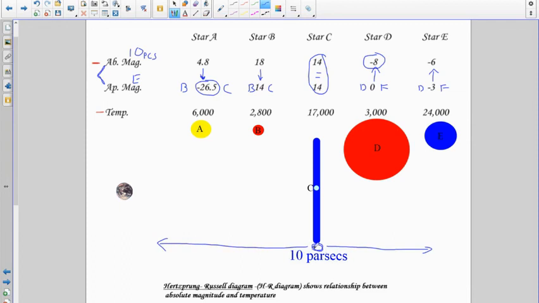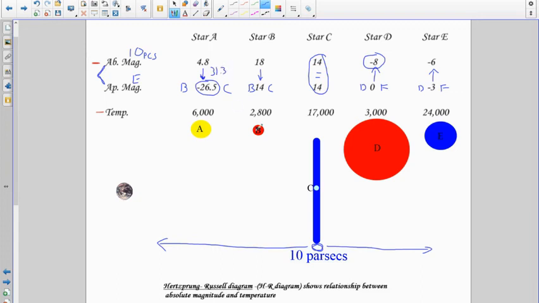So yes, these will increase in the negative direction, these will increase in the positive direction, but just think of it like that. And then to identify which of these two stars is closer and which is farther, I look at the difference between these two numbers. So the difference between 4.8 and negative 26.5, because they have different signs, I add them together and I get 31.3.